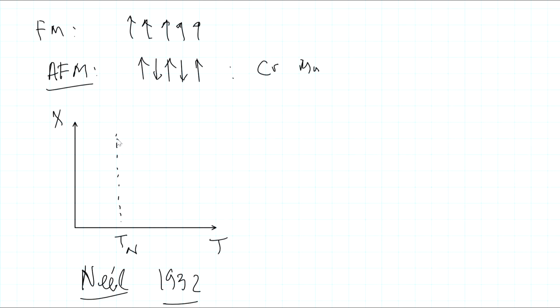So above this temperature, we have a paramagnetic state. So this is a paramagnet. Now below the temperature, we get antiferromagnetic ordering. So basically neighboring spins are pointing in the opposite direction. And here, it really depends on the rotation, but let me draw this thing. So that was something that he was looking. So this is antiferromagnetic state.